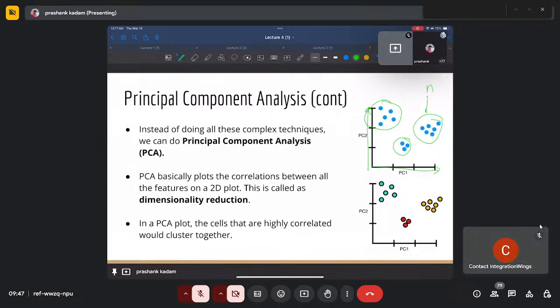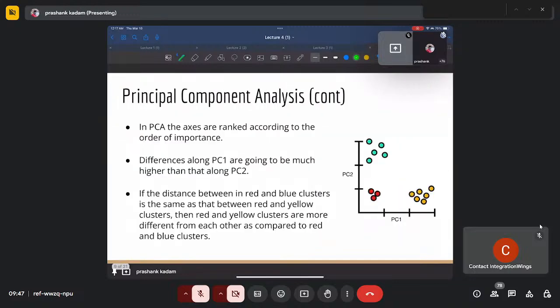I can now visualize it and see that I'm able to cluster the data based on my projected information. So in 10D, it is very difficult to do. In 2D, by projecting in lower dimensions, it is much easier to visualize as well. That's what principal component analysis essentially does.